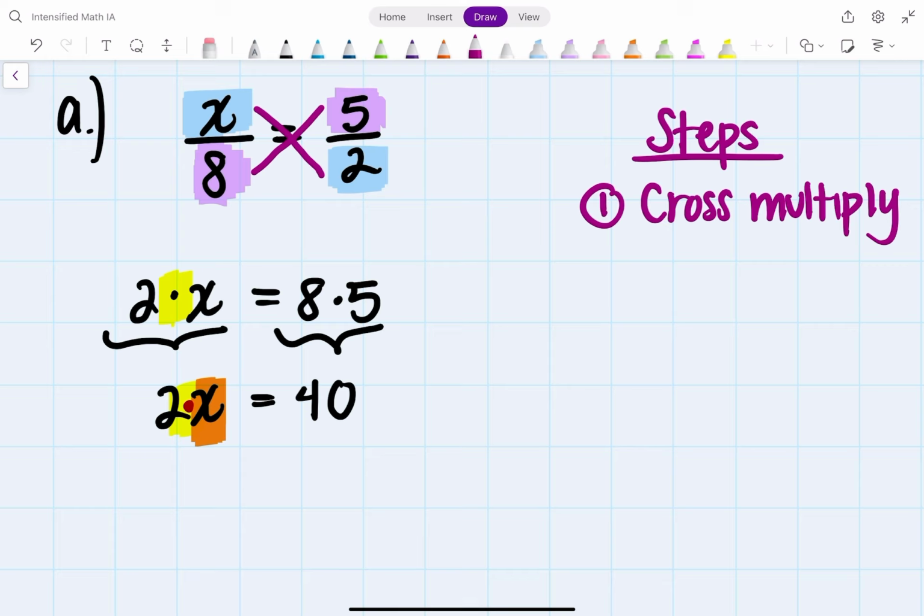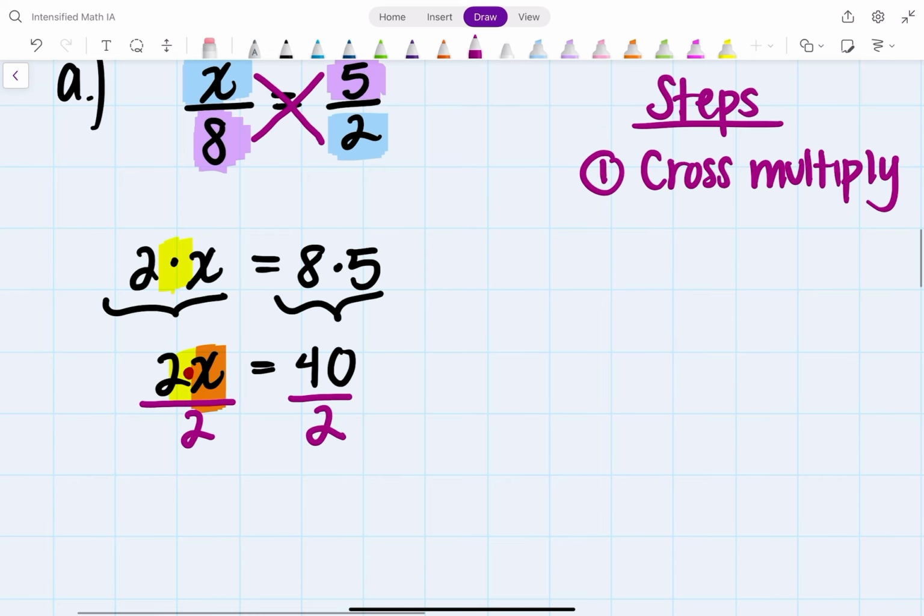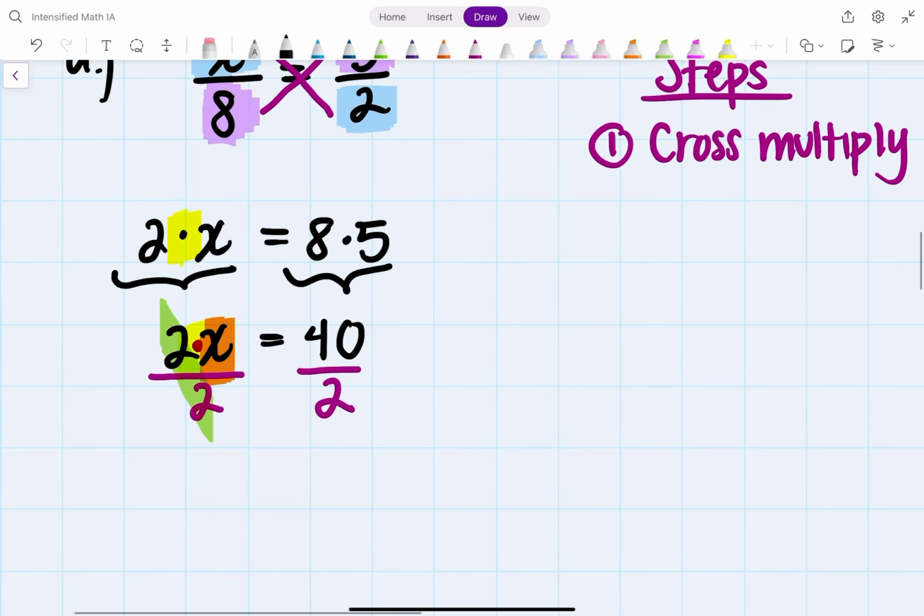So we're going to divide both sides by 2 to leave the x alone. 2 divided by 2 gives me a 1. So in reality, I have x is equal to 40 divided by 2, which is 20.